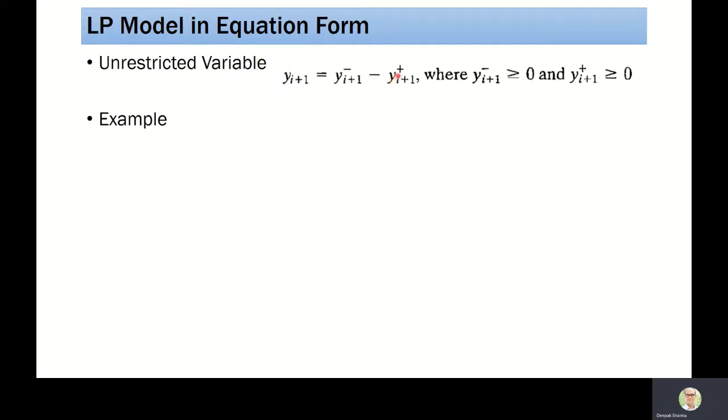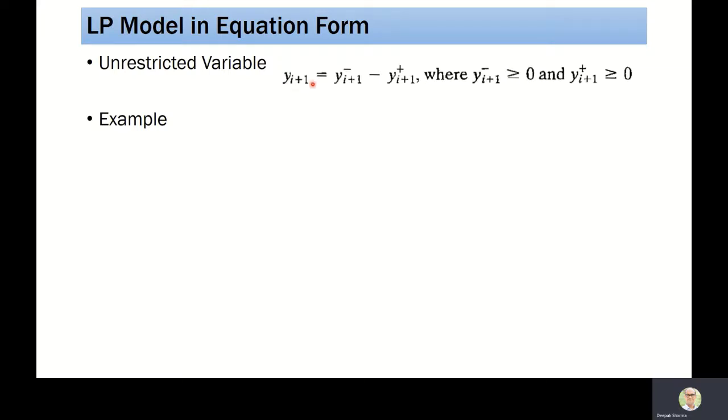Both of these variables are non-negative, so our condition that all variables should be non-negative is satisfied. Based on the values of y plus and y minus, our yi can take a positive, negative or zero value, so it is unrestricted.